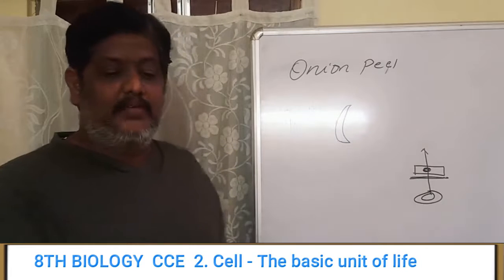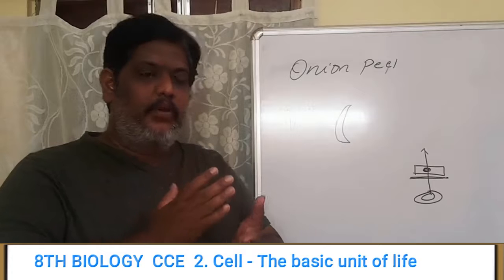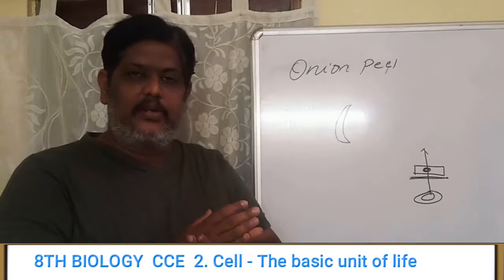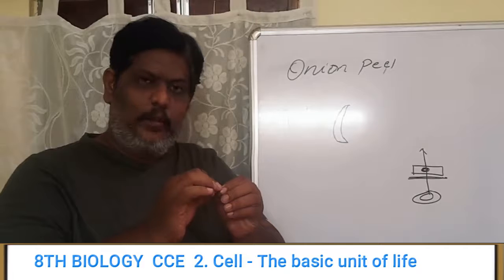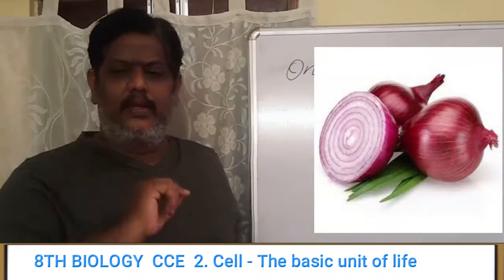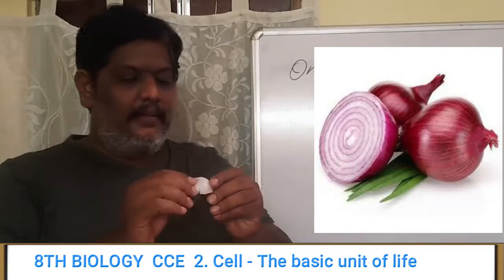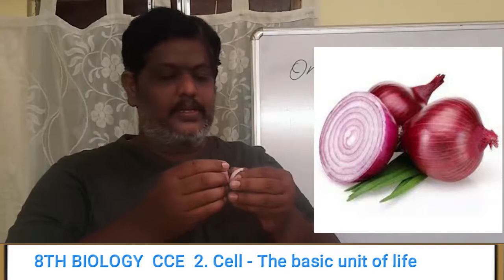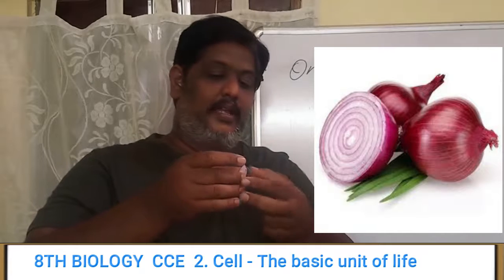For that reason, we will remove the thin layer. If you have ever cut onions, you can see a thin peel in the onion. For example, I am cutting it into two pieces, and here I am seeing a thin peel.